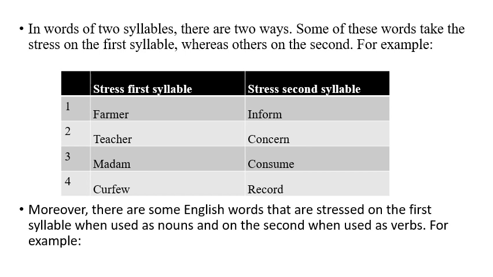So when it is used as a verb, you find out that the stress is on the second syllable. But when they are used as nouns, the stress is on the first syllable. So there are some words that can be used as nouns and they can be used as verbs. When they are used as nouns, the first syllable takes the stress. Or when they are used as verbs, the second syllable takes the stress.